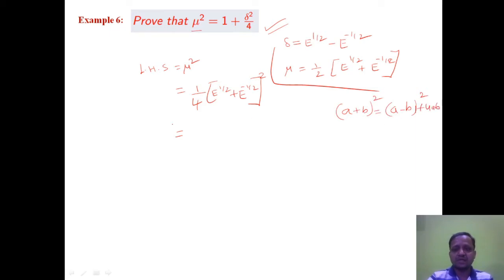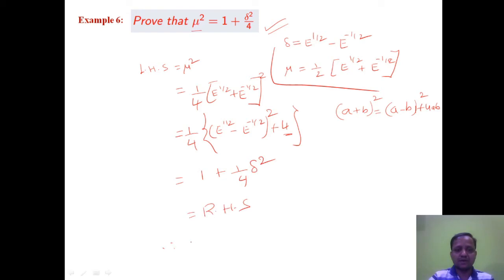Use that formula. Then write here E power 1 by 2 minus E power minus 1 by 2, whole square, plus 4AB. For E power 1 by 2 times E power minus 1 by 2, that is nothing but E power 0, nothing but 1. If you apply this 1 by 4, you will get 1 here. This quantity will become 1 plus delta square by 4. This part will become delta. This is nothing but the RHS. Therefore, hence proved.